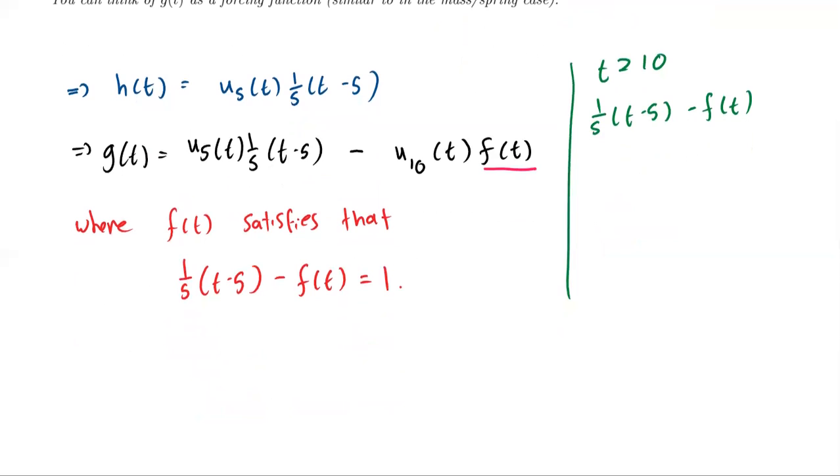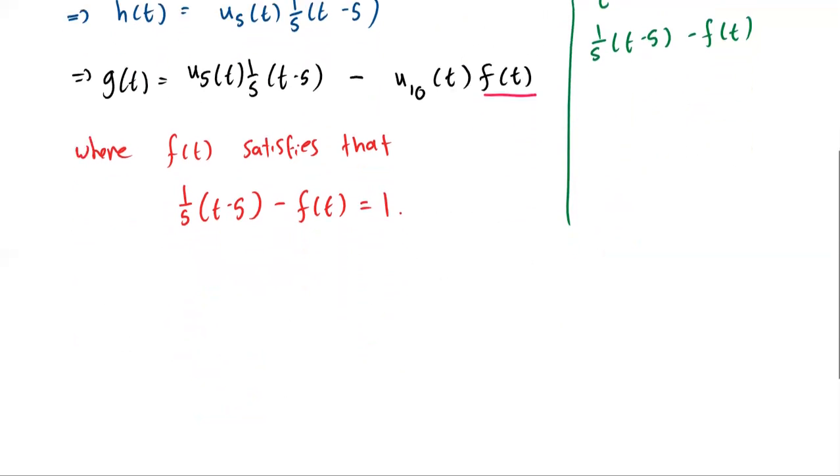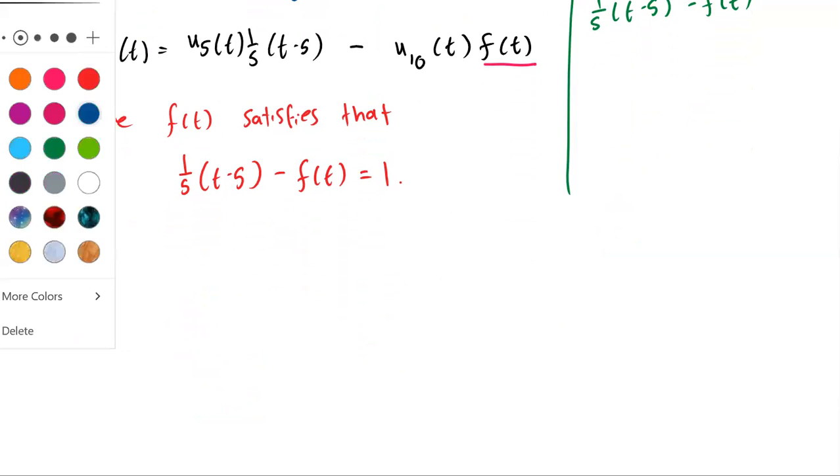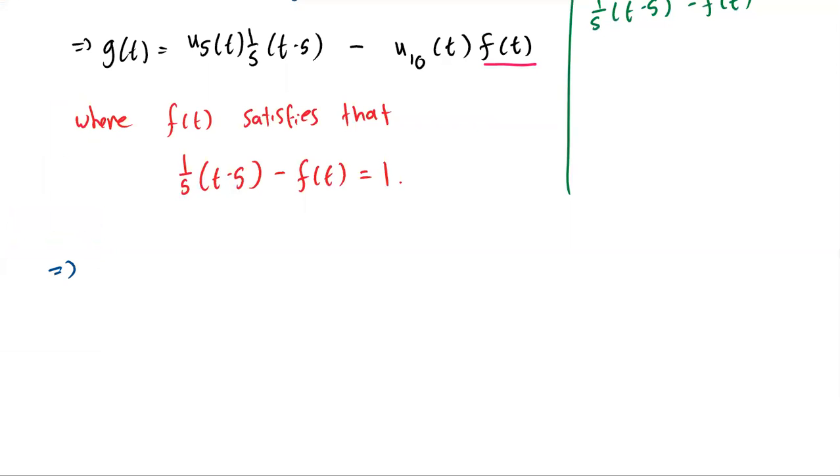Now, notice that I'm subtracting f of t because I'm pretty sure I'm going to have to subtract something from 1/5 t minus 5 to make it equal to 1. So that's why I write minus f of t. But now that we have this, we can just solve for f of t. So let's solve and see what we get. Let's use color blue. We subtract 1/5 t minus 5 from both sides and then multiply by -1.